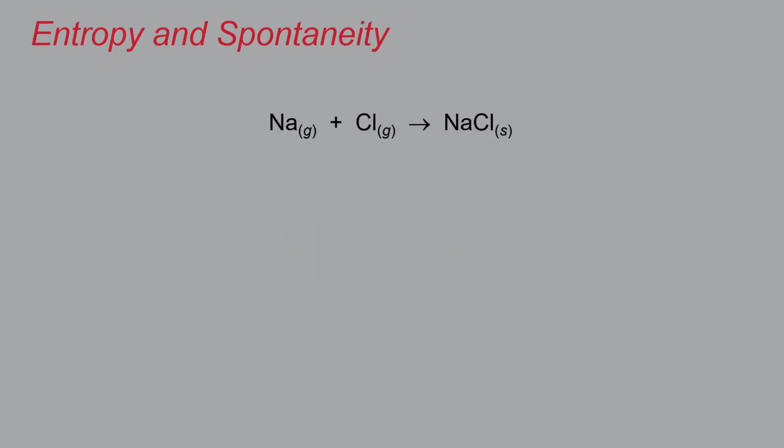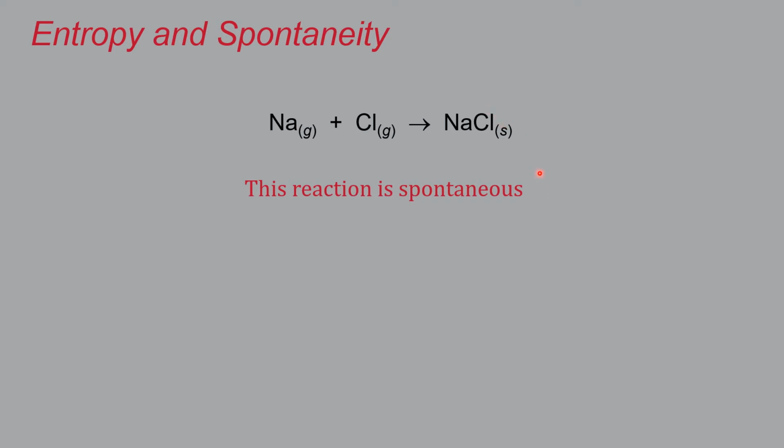All right, so entropy and spontaneity. We've talked about this a little bit. If you have a sample of, let's say, gas phase sodium ions and gas phase chlorine atoms, and have the misfortune of allowing them to come into contact with each other, there'll be a blinding white flash, and then there'll be a white powder covering everything around you, and that white powder would be solid sodium chloride.